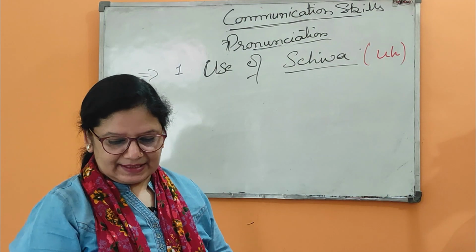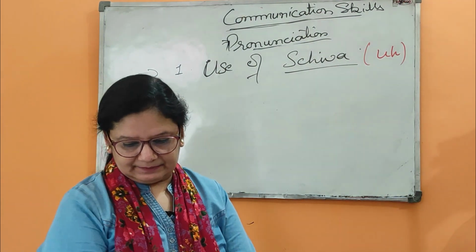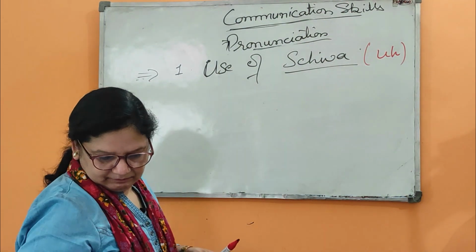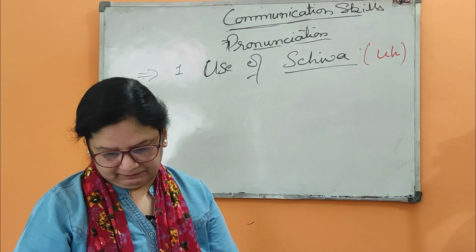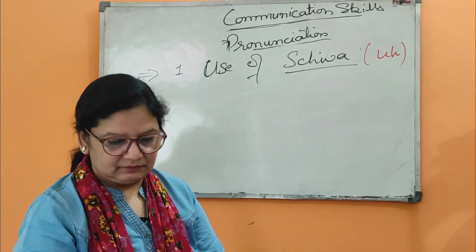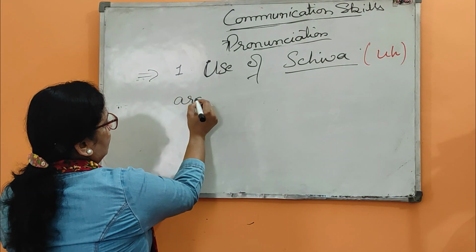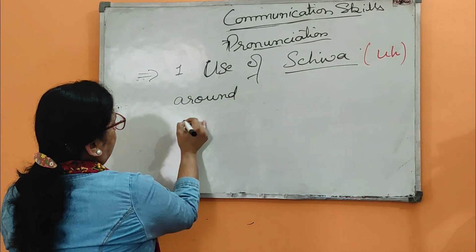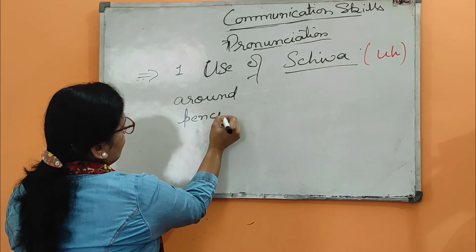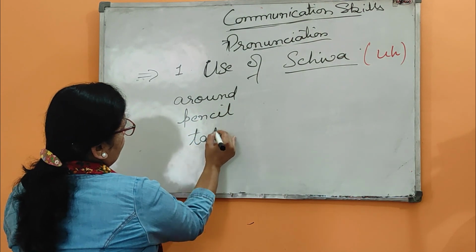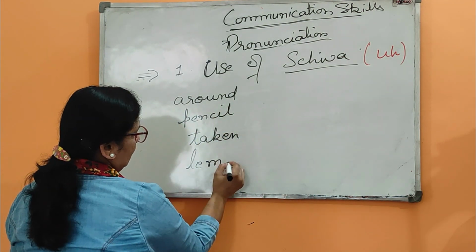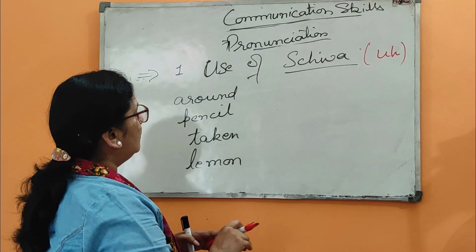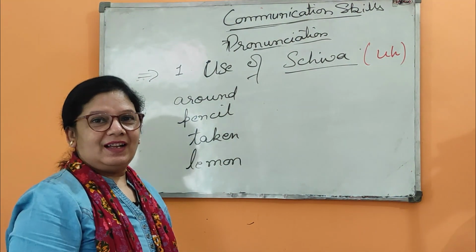I give you some examples. Examples are around, pencil, taken, lemon. So you will say, where is that schwa?